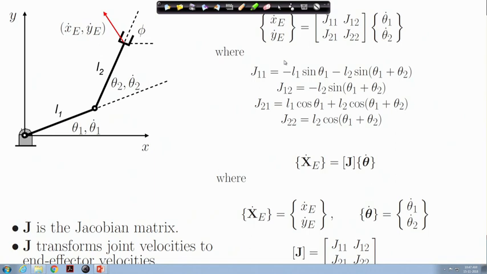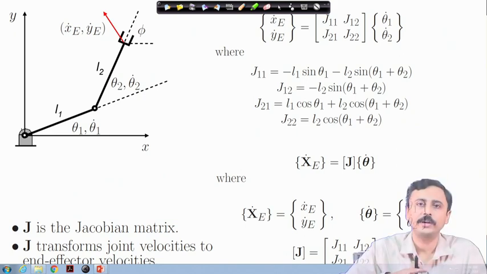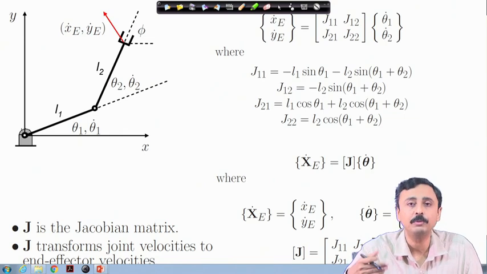Therefore, given the joint velocities at a particular configuration of the manipulator, I can find out the end effector velocity vector, and if I move these joints, subsequent velocity vectors and the joint angles will be known to me.